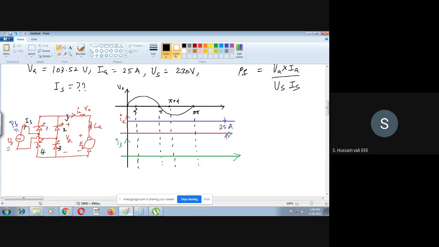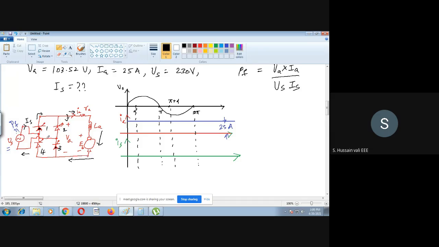When you trigger thyristors 1 and 3, what is the closed path? The closed path is through 1 and 3, the black color, to the motor. So it flows like this: supply voltage, 1, motor, and 3, and supply voltage. So this is the closed path.